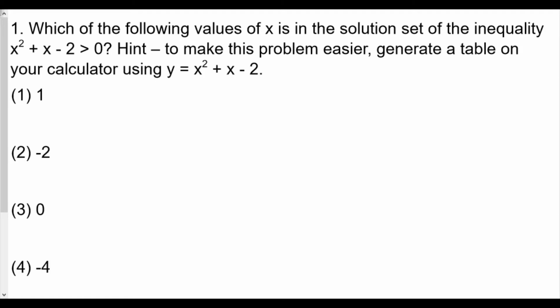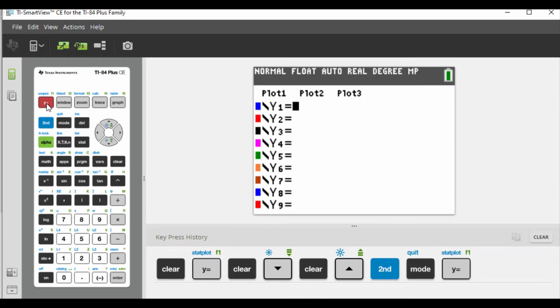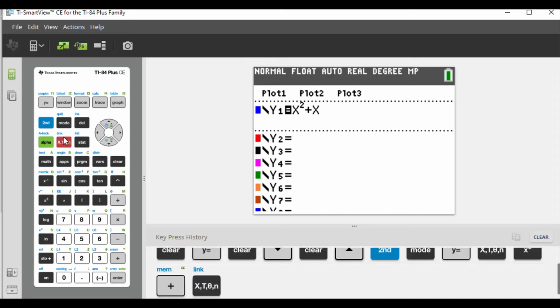So let's bring up our calculator. We're going to type in y equals x squared plus x minus 2. So we go to y equals, type in x squared plus x, I believe it was minus 2.